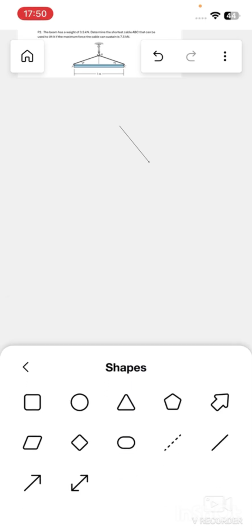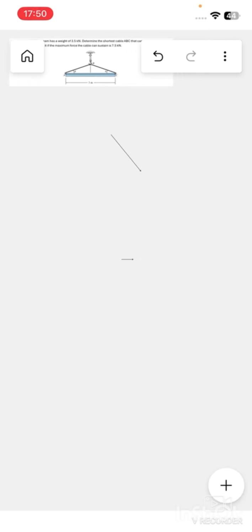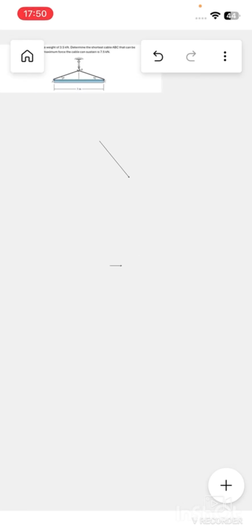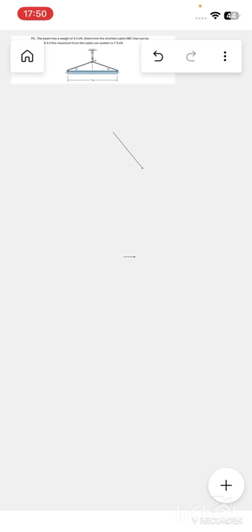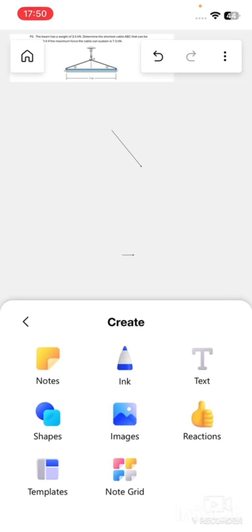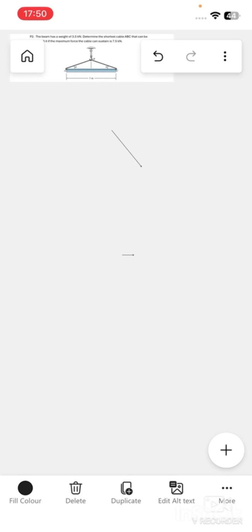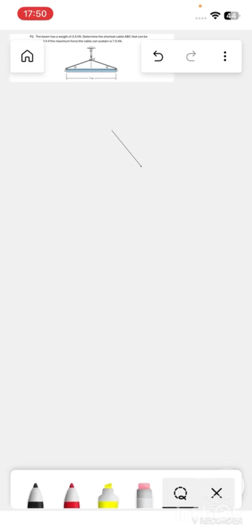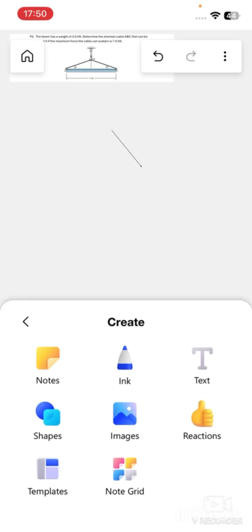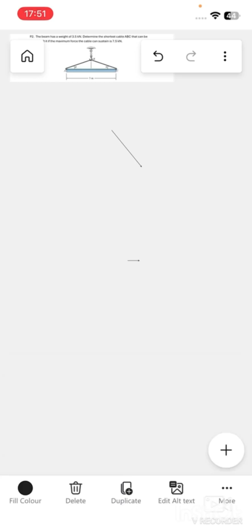Okay. This is going to be the force of BC. This thing is starting to trouble me now. We want to draw the 3.5 kilonewton, which is the upward force.